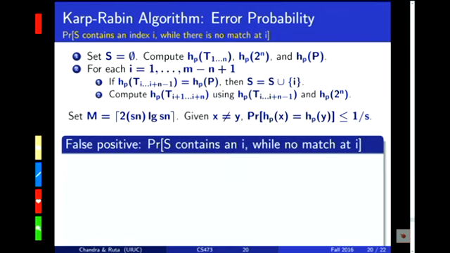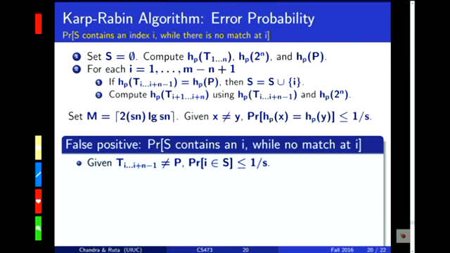So what is the probability that I get at least any index i which is not actually a match? For any particular substring, if it is not same as the pattern, then the probability of getting i in S is at most 1 over S, which is the same as that probability, where X is just this substring and Y is just P.